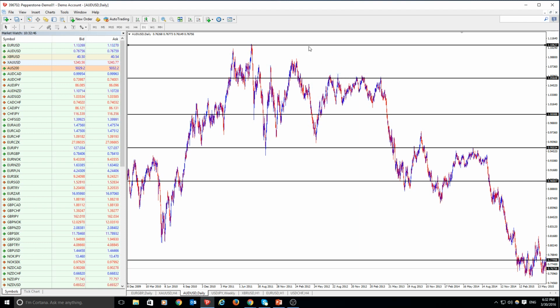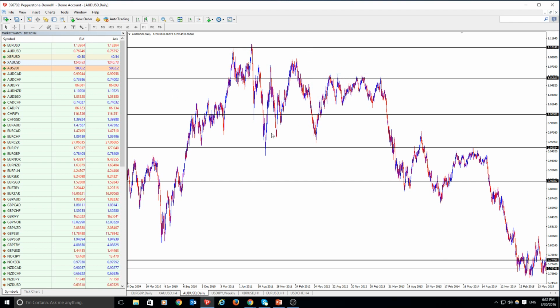You can see that if you look through history, look how often price does find support and resistance on these numbers. So we've got the critical points here where price reached right at that 110, then price has come down, it's broken through, it's found a bit of support at some of these levels. So it found support initially at 1, then it broke through that, and then it found support at 95.